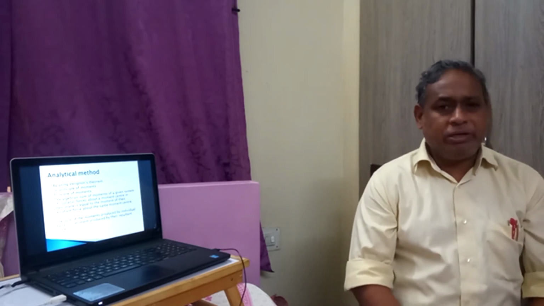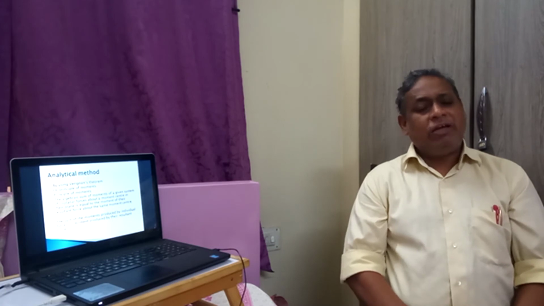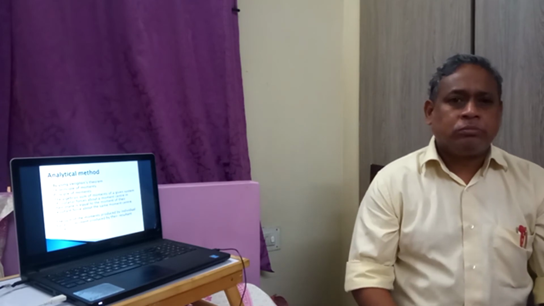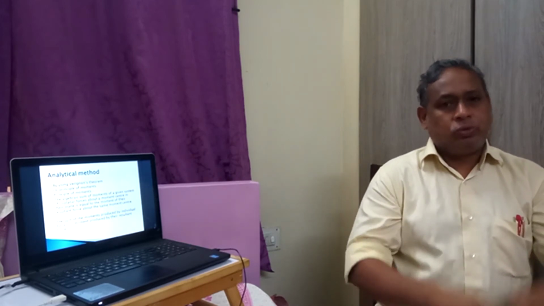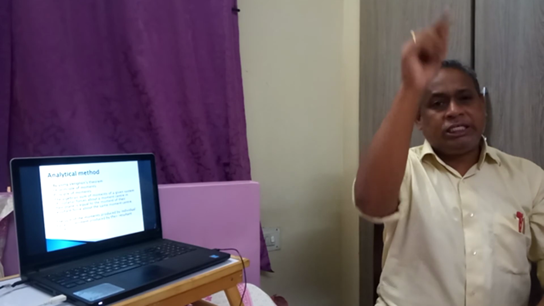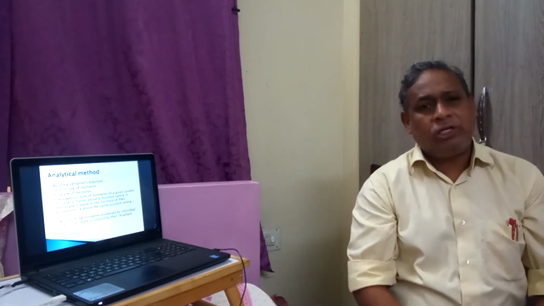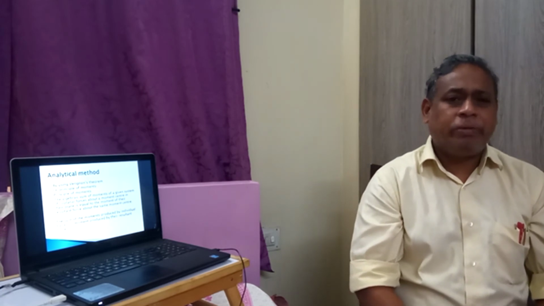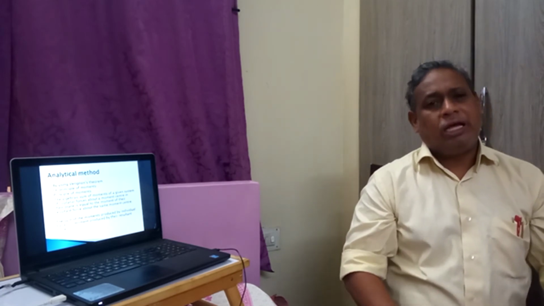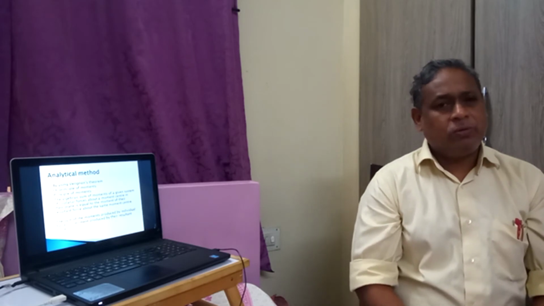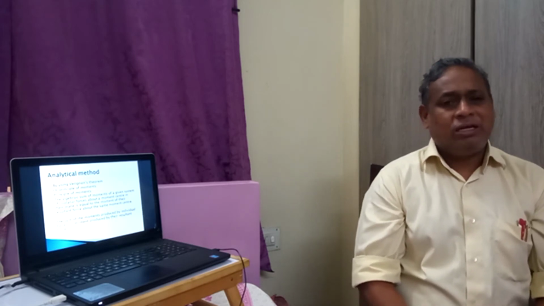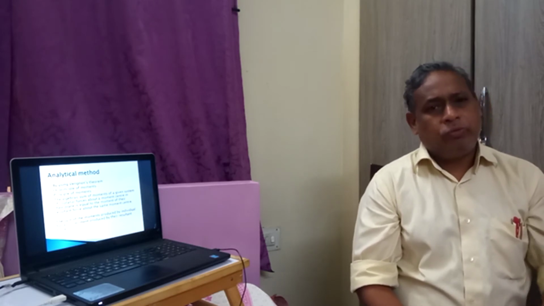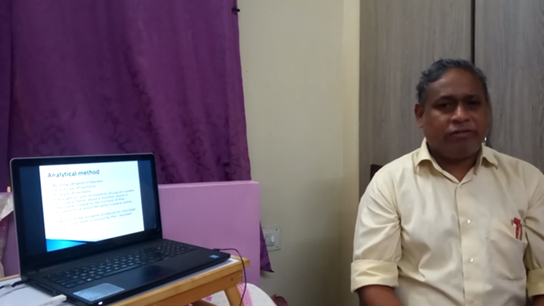This was by doing the experiment. Every time it is not possible to suspend a beam or, let us say, a large ship by some string and see what the different lines are at different orientations and where they are meeting. That is not practically possible. For small experimentation we can do such a thing, but practically it is not always possible to find out the center of gravity of a body.